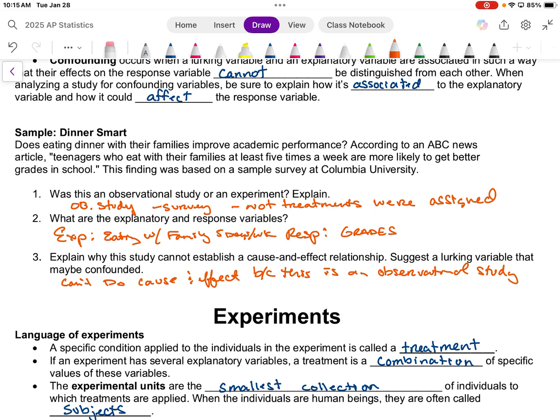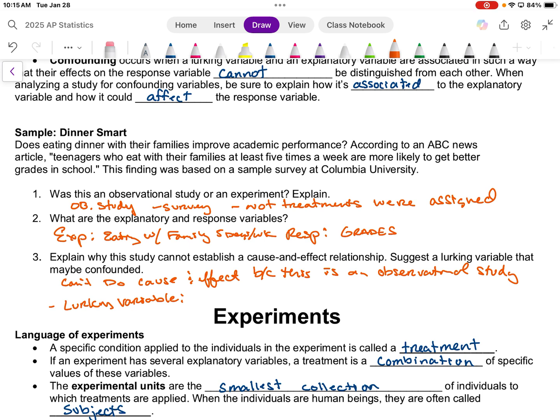And now, the lurking variable. All they said was that they were home eating dinner at least 5 times a week.